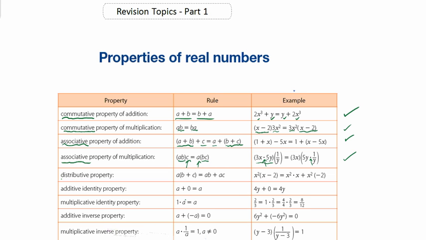The distributive property is how the operation is distributed, if you like, over addition or subtraction. So here multiplication is distributive over addition.